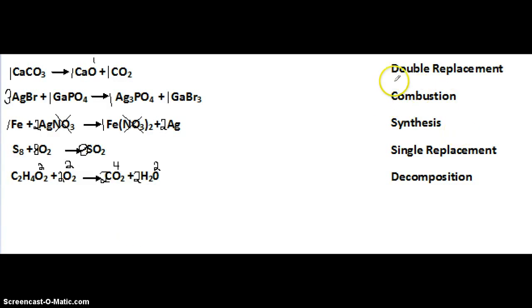So double replacement looks like this. We've got AB plus CD equals AC plus DB.